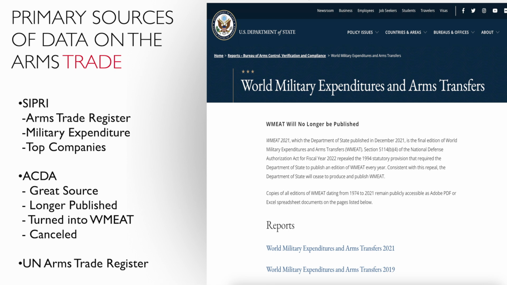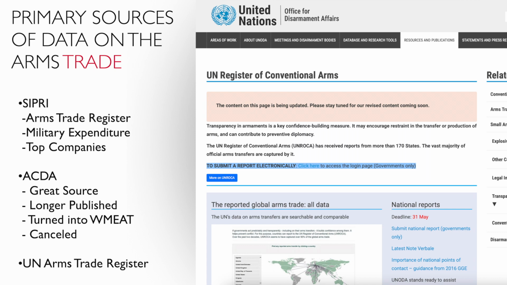And lastly, and relatively new as far as being an easily accessible database, is going to be the UN Arms Trade Register, which does essentially the same thing as the WMEAT and SIPRI. They're going to look at each year, and those are voluntary numbers given to the UN.